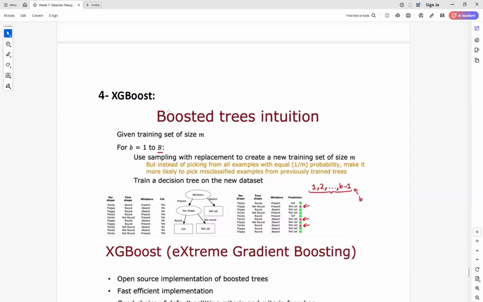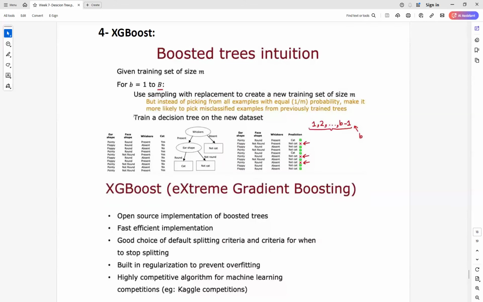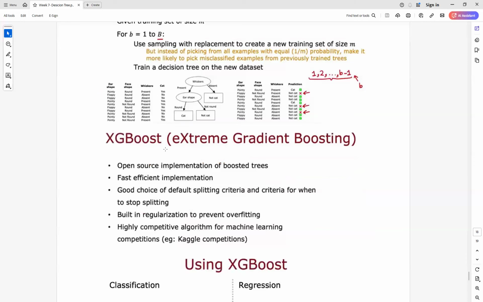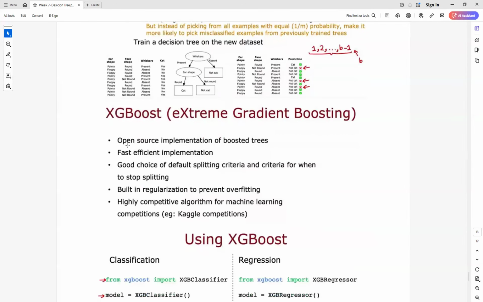This is called the XGBoost, which is, again, a tree ensemble. The XGBoost, or extreme gradient boosting, is an open source implementation of boosted trees: a fast, efficient implementation, with a good choice of default splitting criteria and criteria for when to stop splitting, and built-in regularization to prevent overfitting.